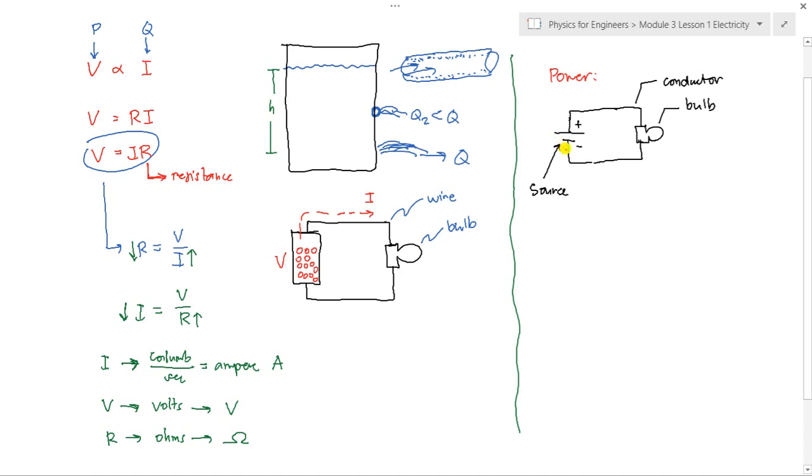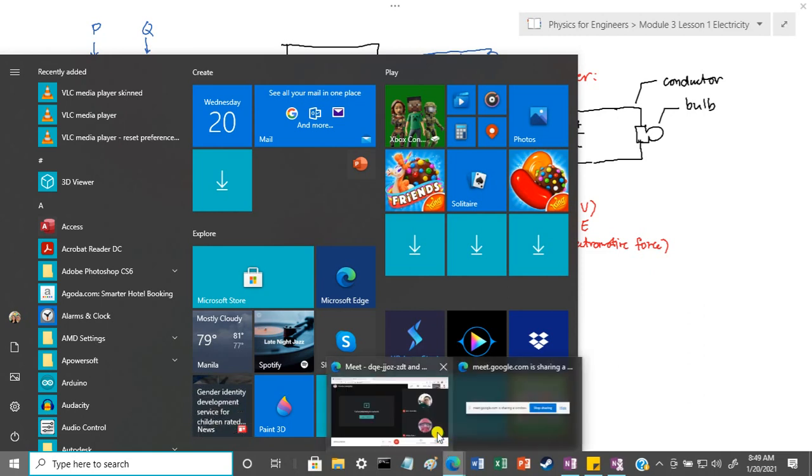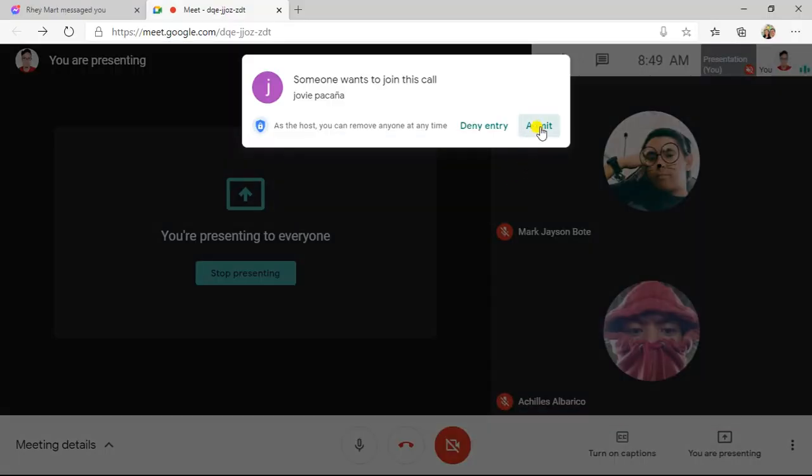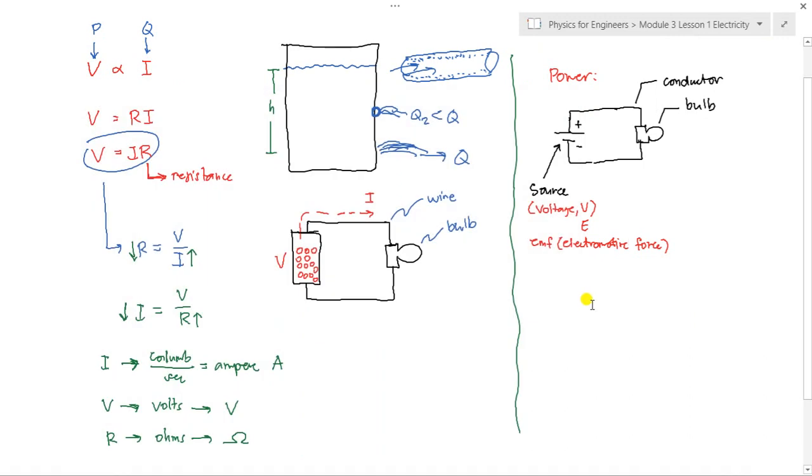It possesses a certain amount of voltage, and we're going to abbreviate this as V, or other books abbreviate it as E, because another term for voltage is what we know as EMF, or electromotive force. If you want to find the EMF, it is the same as voltage.